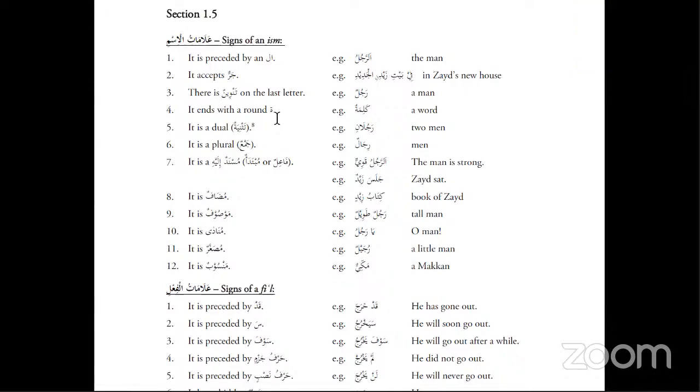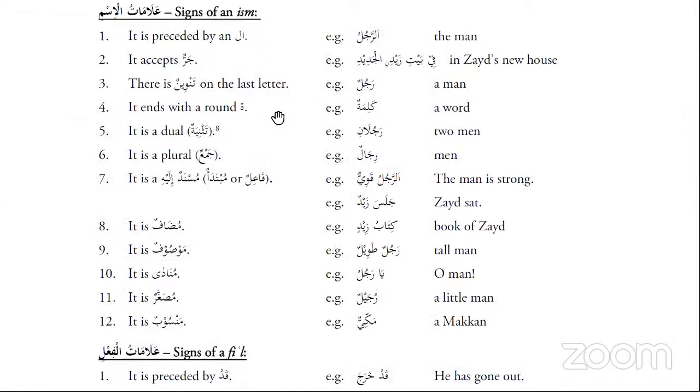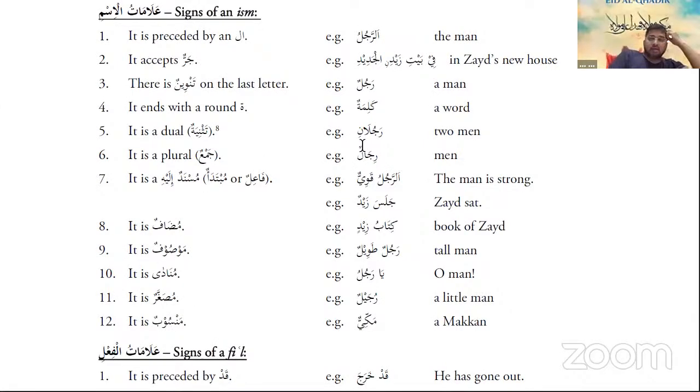It is a dual, tasniya. Tasniya means dual. So whenever a noun has alif and noon with a kasra, rajulani, you will know that this is a noun. Excellent.